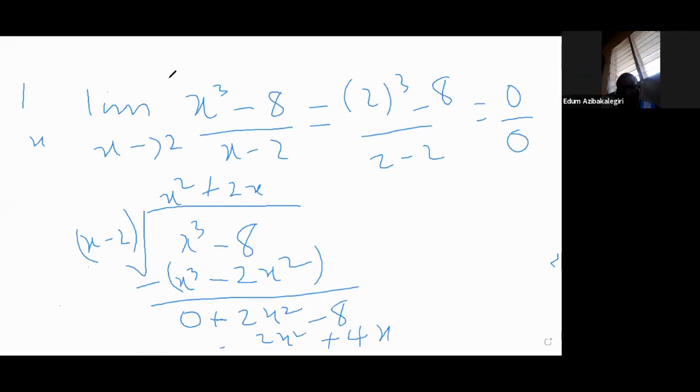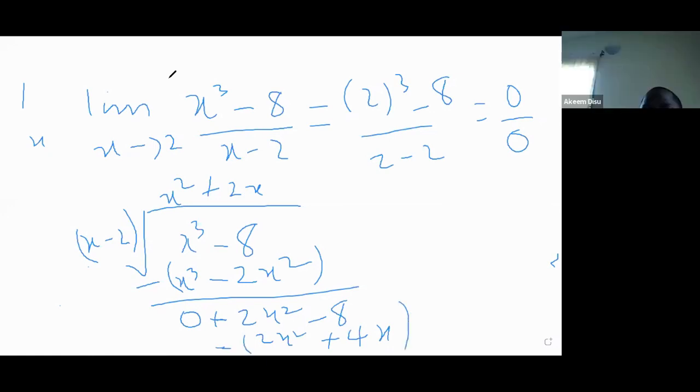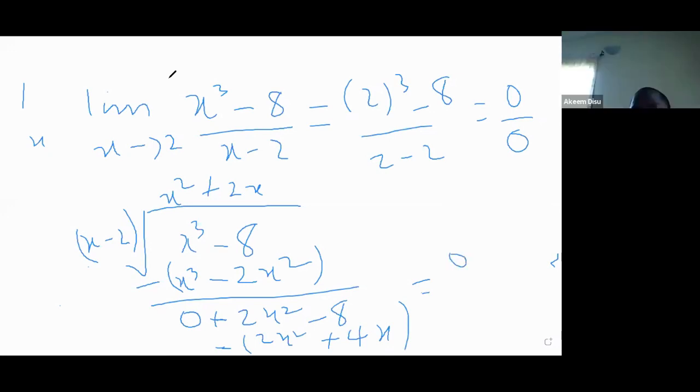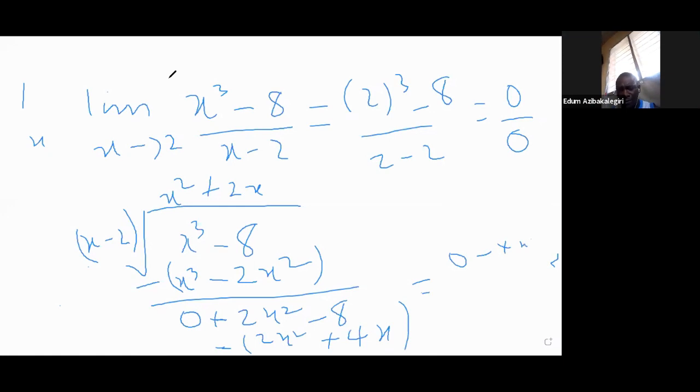Then we do the minus, and this will give us 0 minus 4x minus 8.